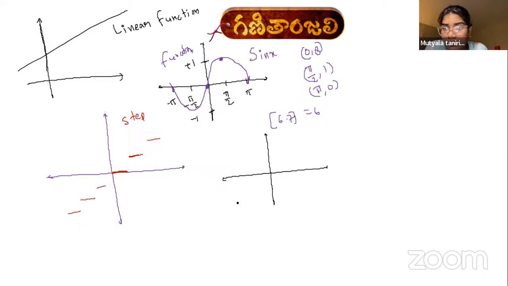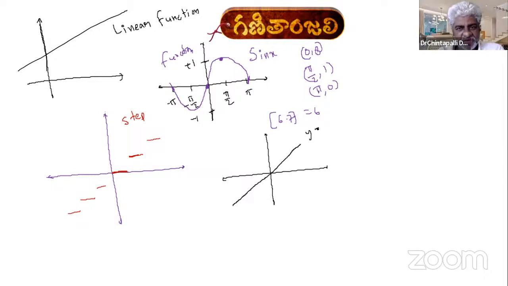Good job. This function is y equal to x, a linear function, of course. This function is y equal to step x. Surprisingly, we are drawing another function, where these two functions are subtracted.